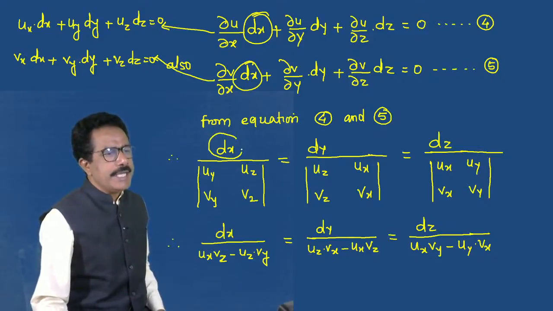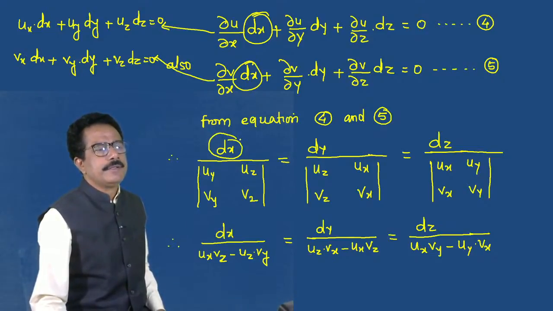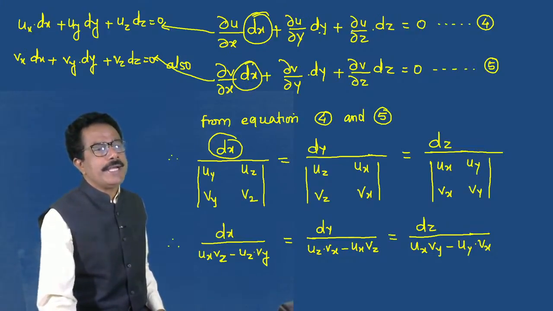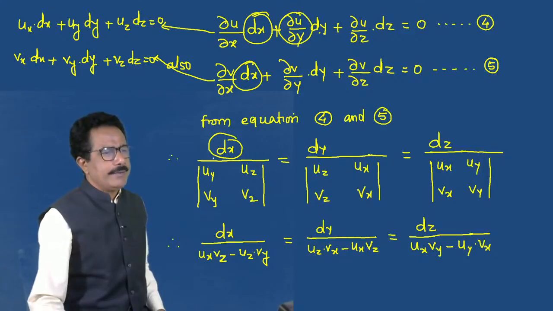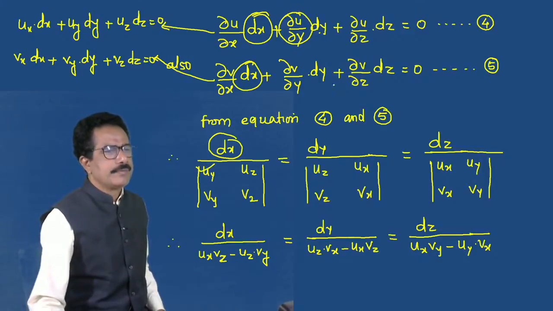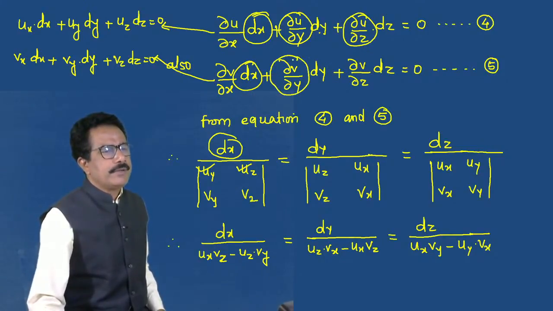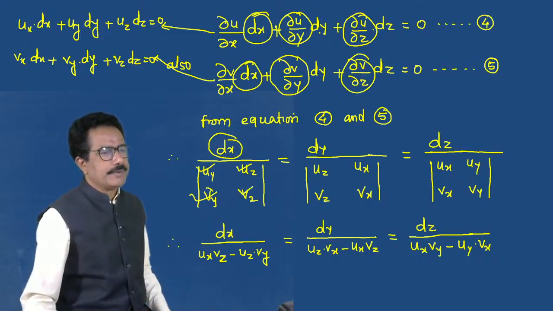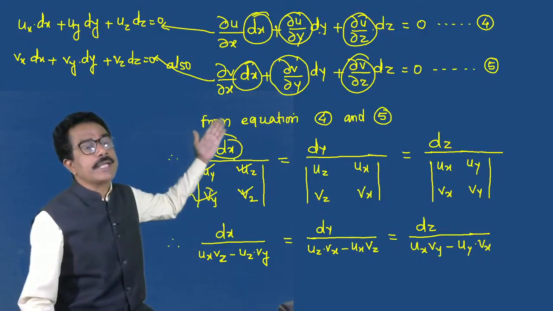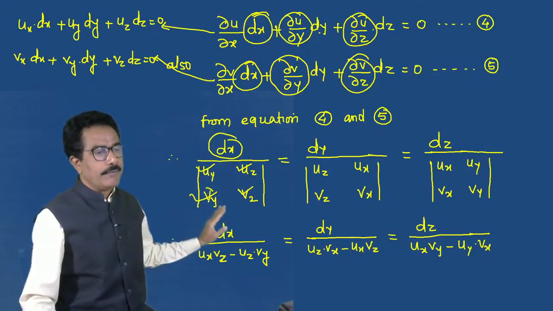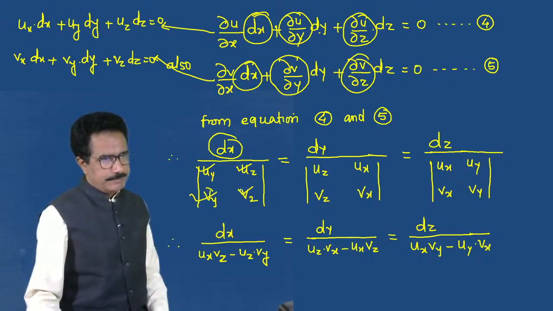So we can write dx divided by, now the coefficients of dy and dz: uy, uz, and in the second row vy, vz. In this way, we can write dx divided by the determinant uy, uz, vy, vz.